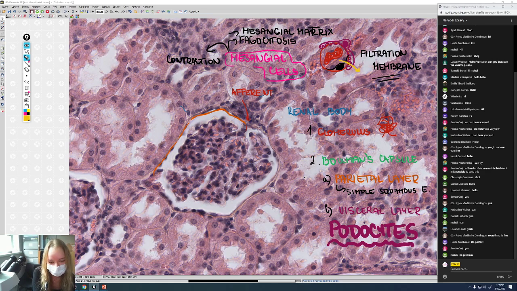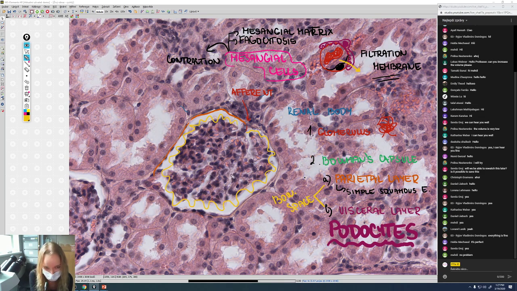And this space, I can write it right here. Bowman's space or urinary space is between the parietal and the visceral layer. And we can draw it like this. This is the Bowman's space. But this is what we can see from the light microscope.